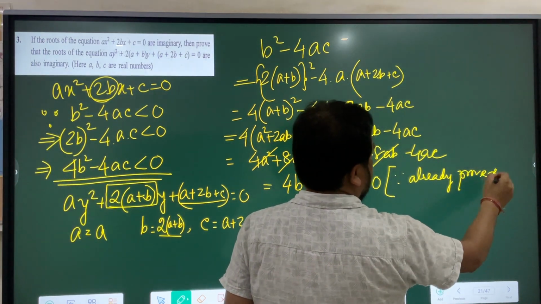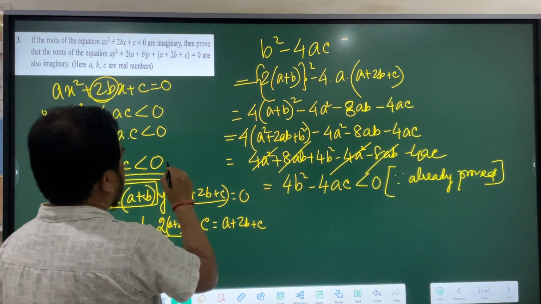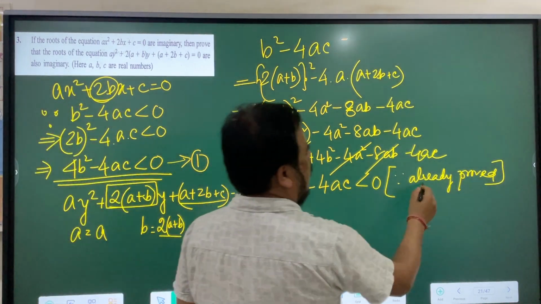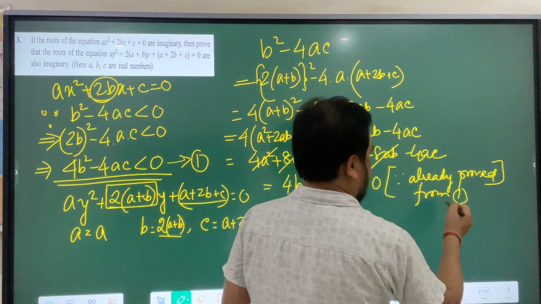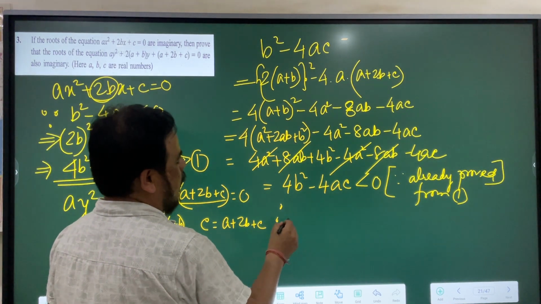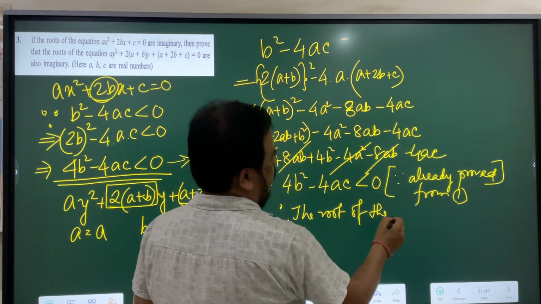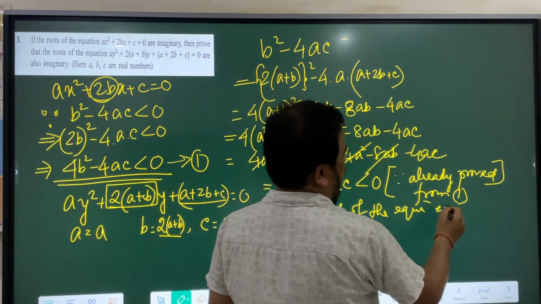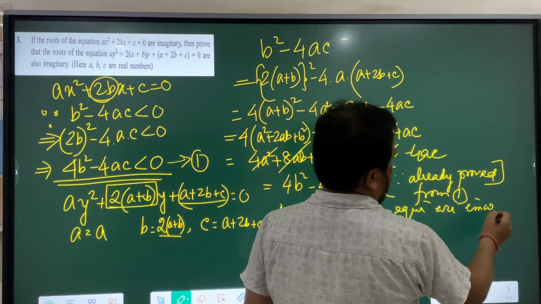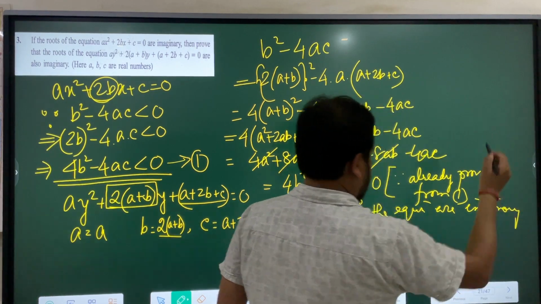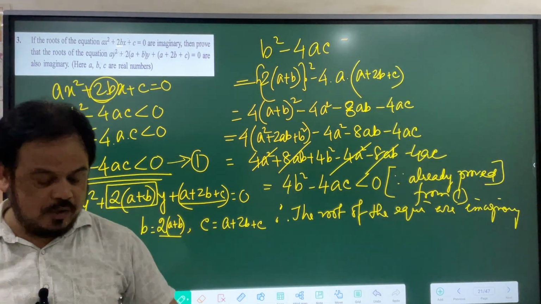Or you can write here this is number 1, then you can write from 1. You can do anything. So therefore the roots of the equation are imaginary, because we have got less than 0.